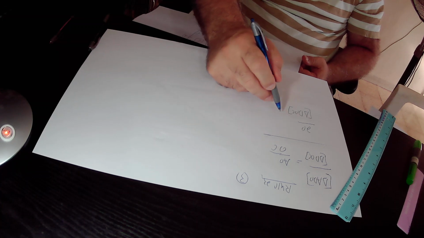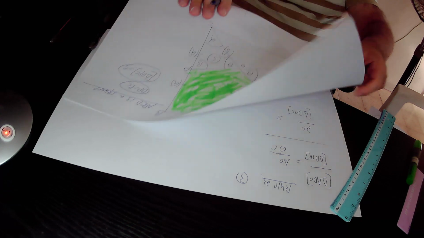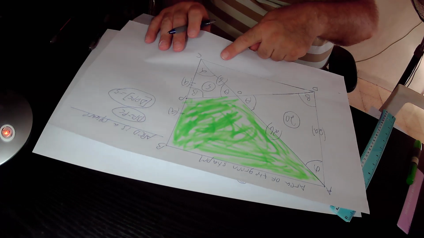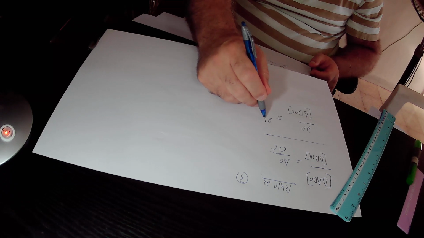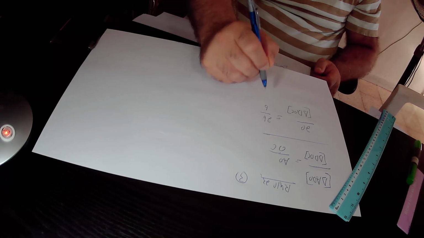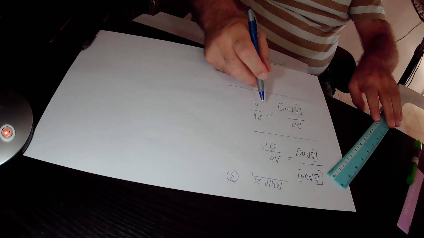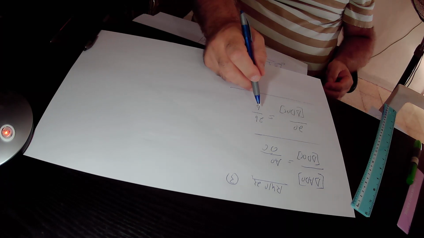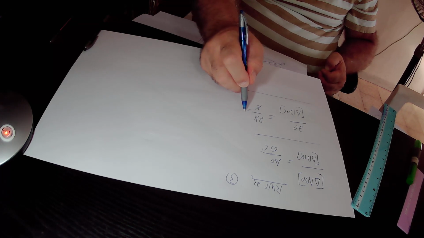And it is equal to AO over OC. AO is 2B and OC is B. So we have B in the numerator and B in the denominator, so B will get cancelled and we are left only with 2.